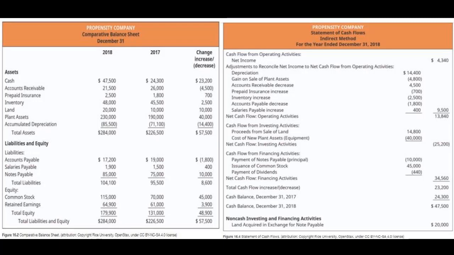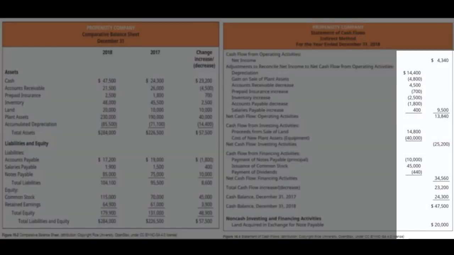If you look at 16.2, retained earnings increased by $3,900. Can you find $3,900 anywhere in figure 16.4?